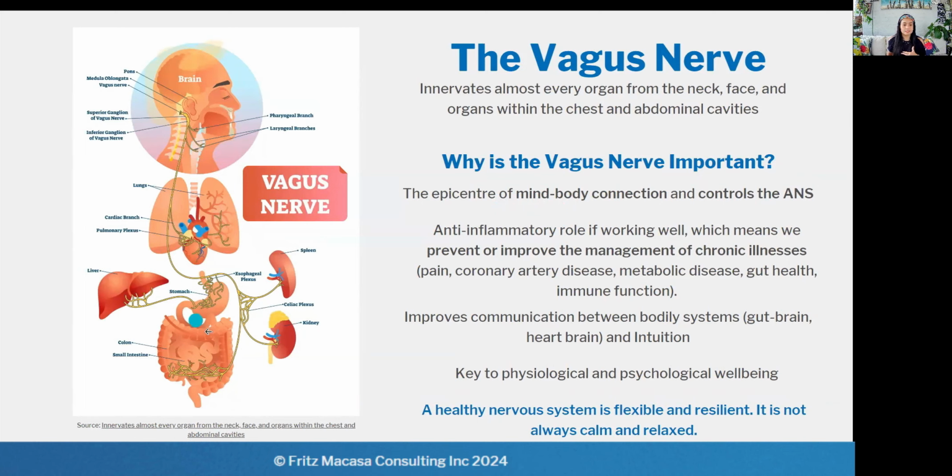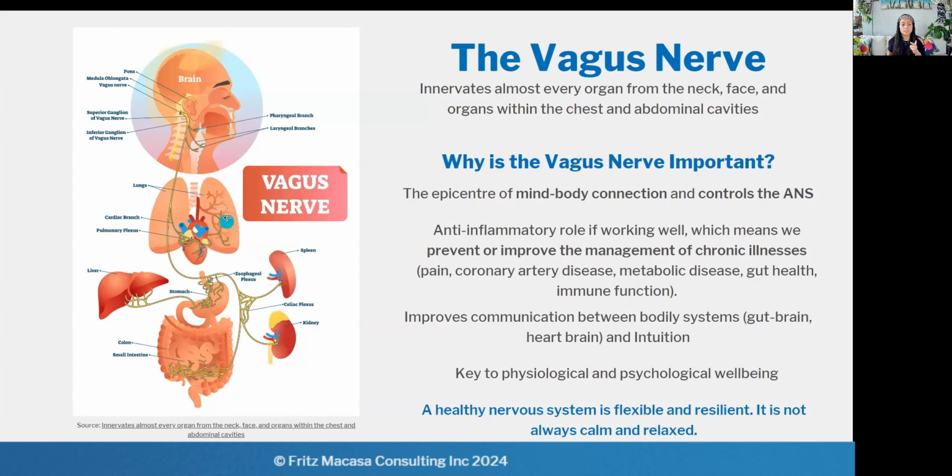As you can see here, this is a picture of where the vagus nerve innervates. It innervates almost all organs, from where it stems up here, all the way down to our organs. It innervates our throat, our swallowing, some of our facial muscles as well.